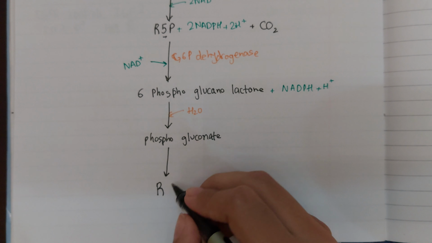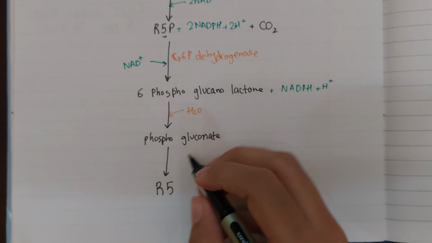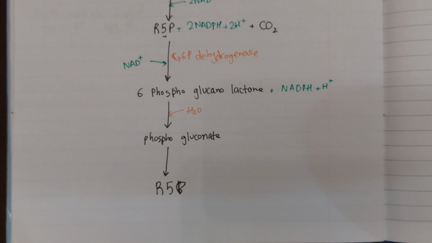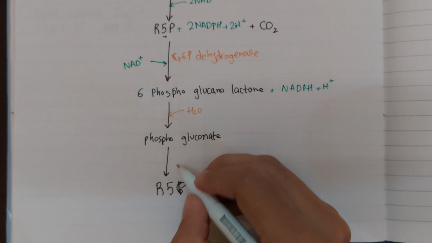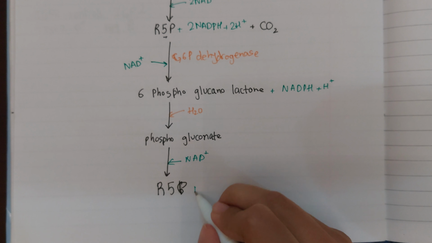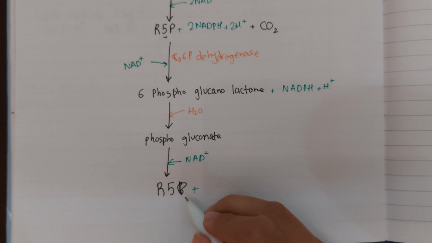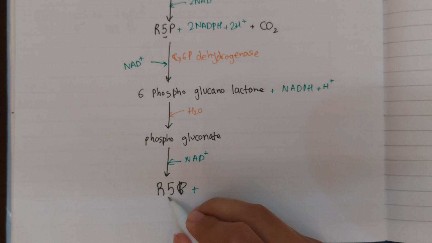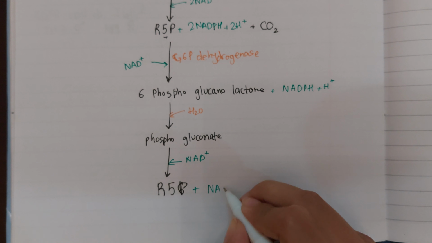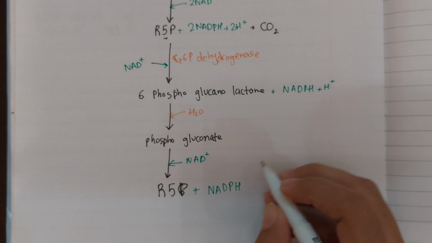That's why I'm not explaining much. After this, another molecule of NADP is used to produce NADPH, and the final product is ribulose 5-phosphate and a molecule of NADPH.